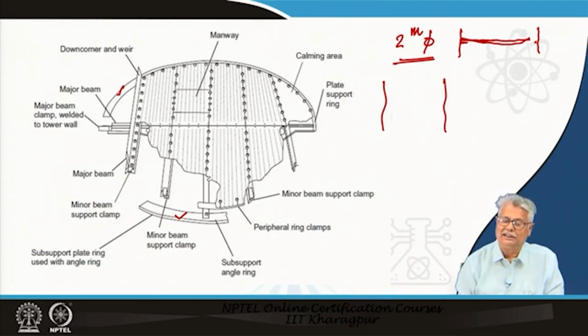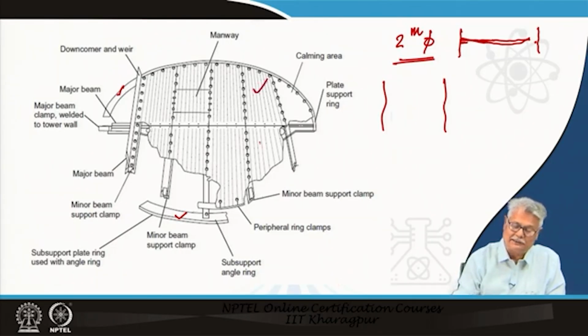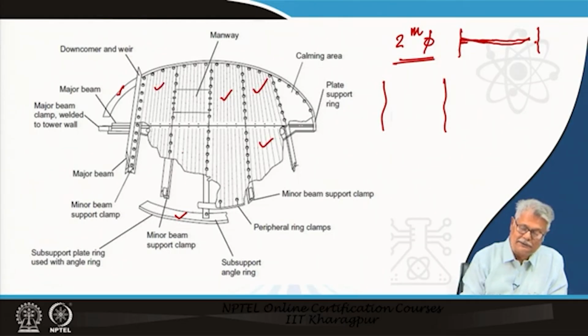How will you replace the trays in that case? So, what is done? The trays, particularly in such towers, are always in segments. This is a segment, this is a segment, and so on. All these are segments, and these pieces are assembled inside the tower.